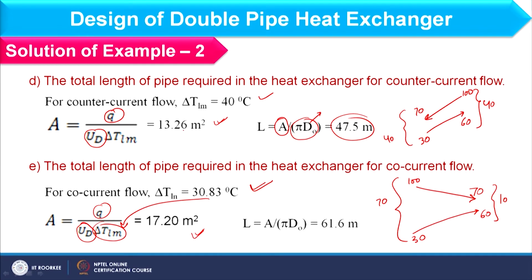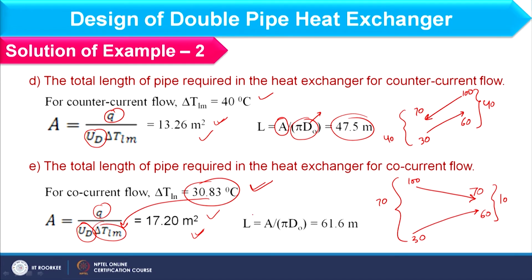Okay. Now, when you compare the area of counter current flow and co-current flow, we have more area requirement in co-current flow, and the reason is very simple: the mean temperature difference is less in this case and therefore the area of the heat exchanger increases. Okay.